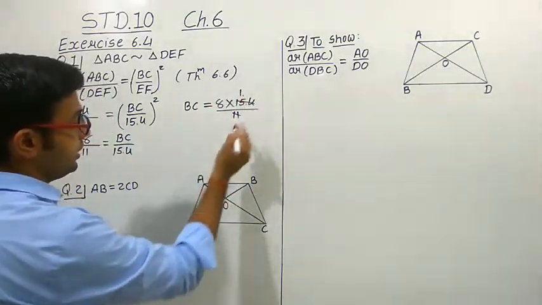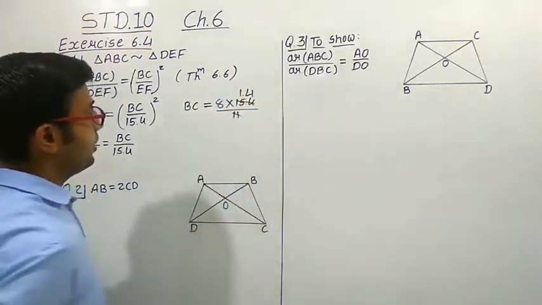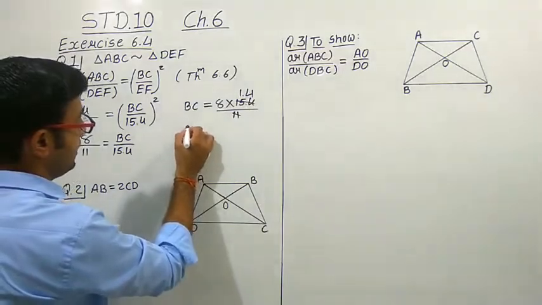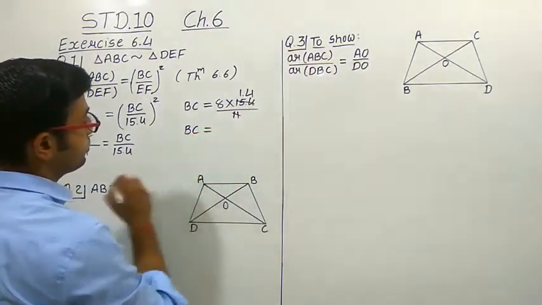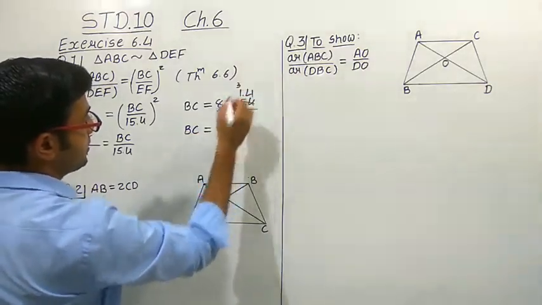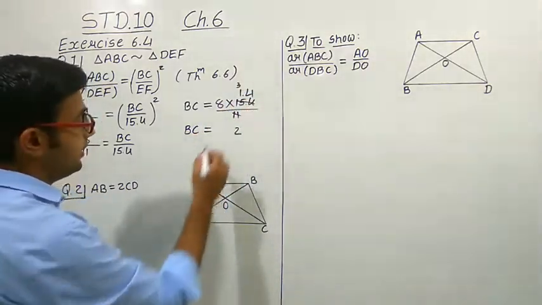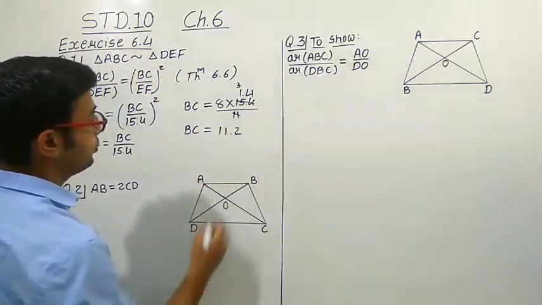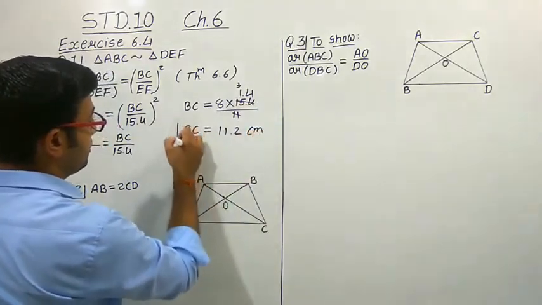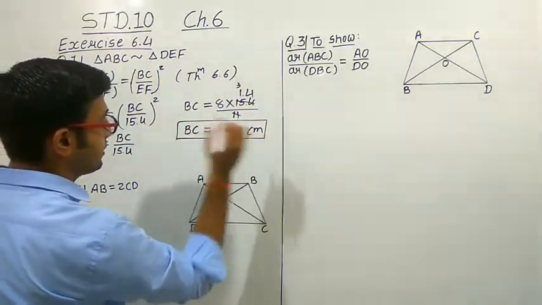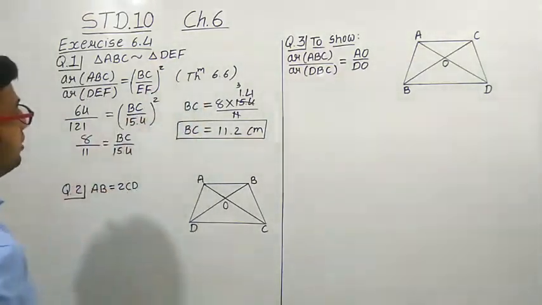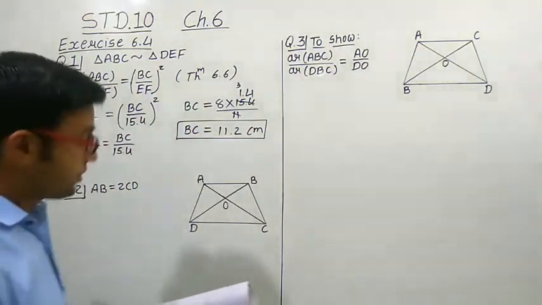Now 44 is there, so 11 fours are 44. So here we get 1.4, and 1.4 eights are, that is 14 eights are, 8 fours are 32, 3 is the carry, 8 ones are 8, 9, 10 and 11. So BC is equal to 11.2, and the unit is centimeter. So this is the required side BC, right? So simply we have to use theorem number 6.6 to find our result.